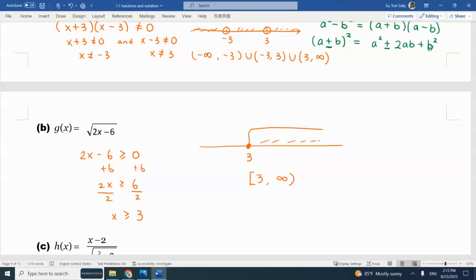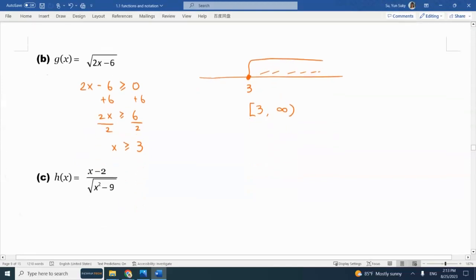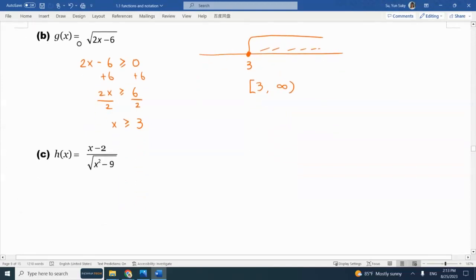Yeah. All right. Now, part C. It kind of has a mixture of part A and B. We see a square root. We also see this thing is in the denominator. Right, everybody? So because of the square root, we need the thing inside the square root to be greater than or equal to 0.